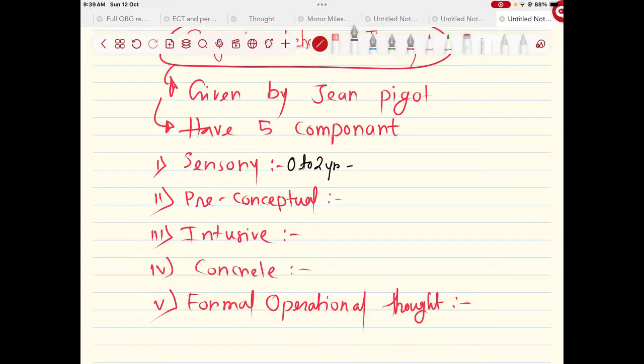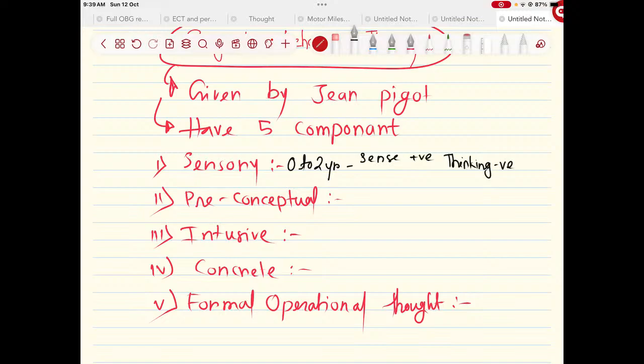The patient gets the sense, but is not able to think. Sense is positive, but thinking is negative. So this is what happens in the sensory stage.